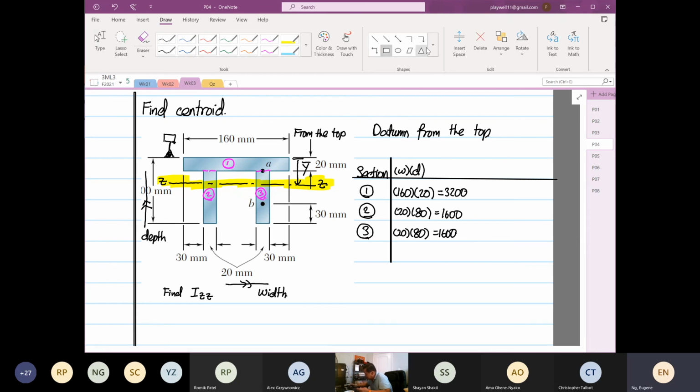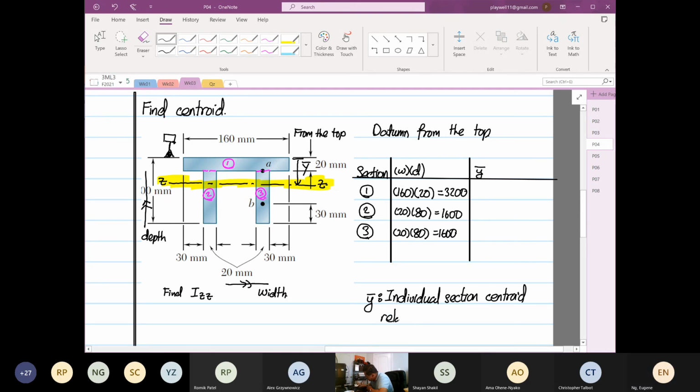And then the next one is your Y bar. Small Y bar, I'll write down here. Small Y bar is the individual section centroid relative to the datum.